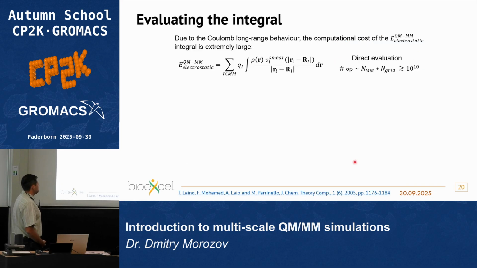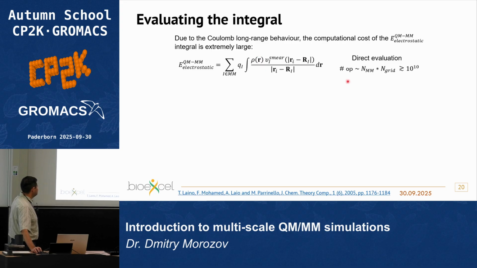The second point, of course, is that you also want to calculate the long-range interaction. When you calculate this total interaction, you need to evaluate the whole integral over all the atoms, as I already said.